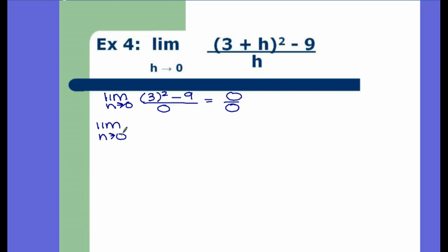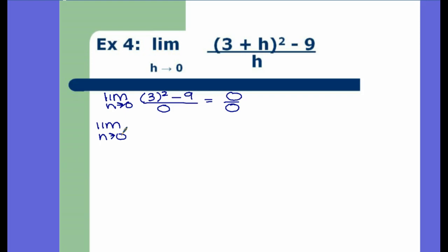It's even easier than that, because separating them isn't going to help me with canceling anything. When you have something squared, never square the denominator, but always square the numerator.